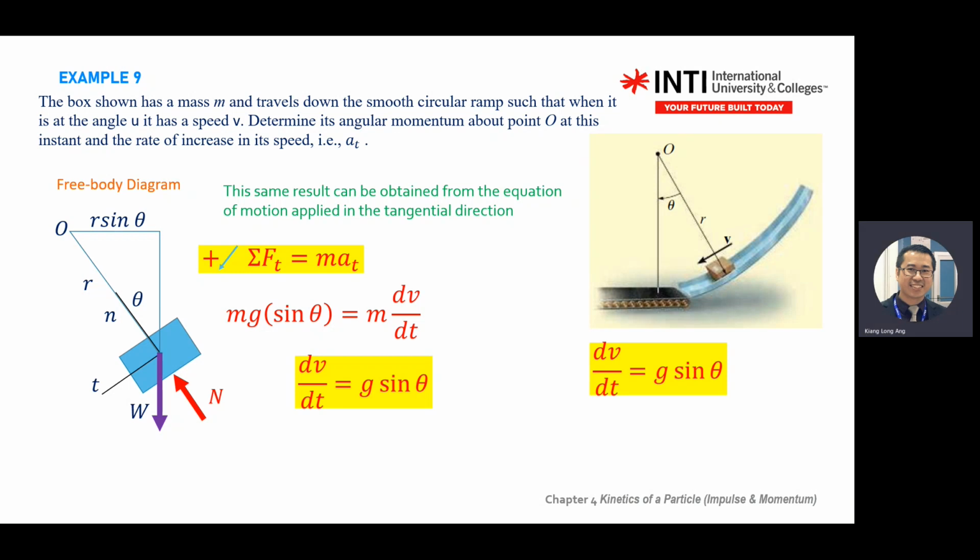Chapter 2 does not have any principle; Chapter 2 is all force equal to ma. Chapter 3 has one principle. What is the principle in your test one? Principle of work and energy.